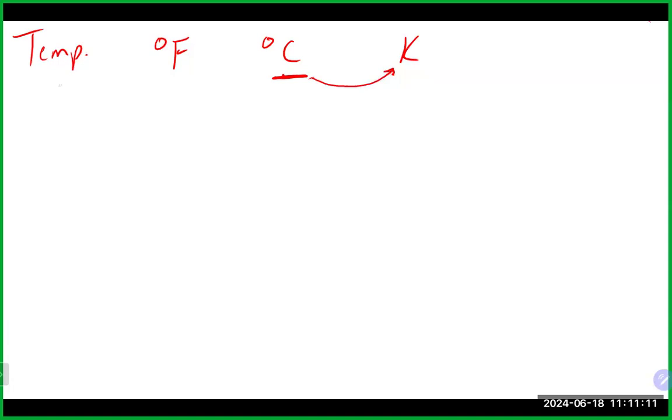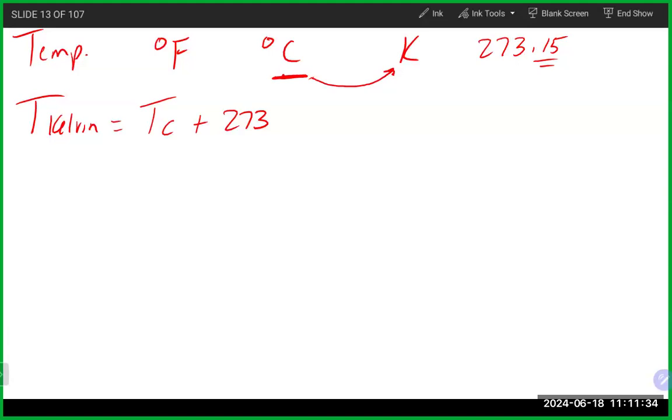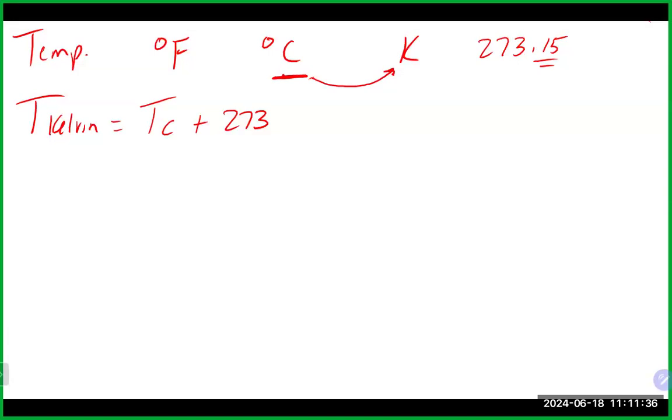So to do that, the temperature in Kelvin is equal to the temperature in Celsius plus 273. The proper number is 273.15. Most people leave the 0.15 off since it gets rounded off a lot of times anyways. If you want to leave the 0.15, you can. But personally, I just roll with the 273.